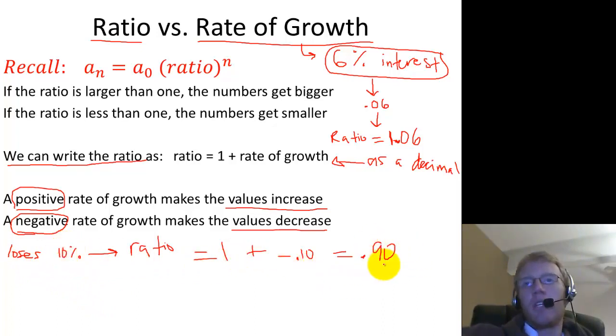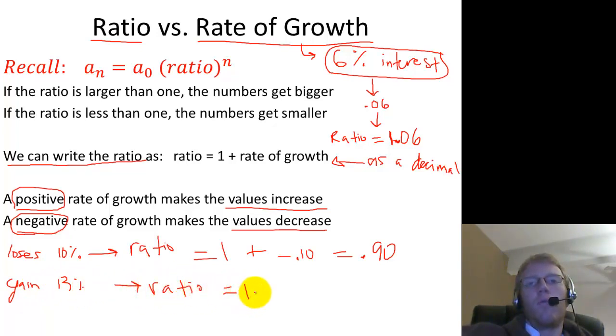You retain 90%, which as a decimal is 0.9. So what if you're gaining 13%? Okay, then your ratio is 1 plus 13% is 0.13, and so you get 1.13.